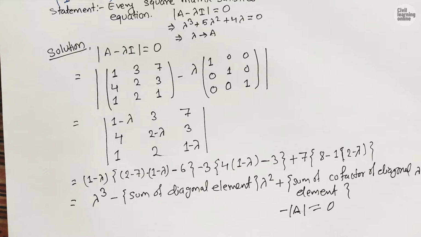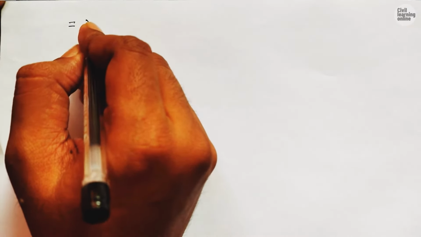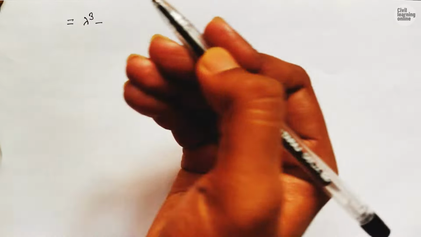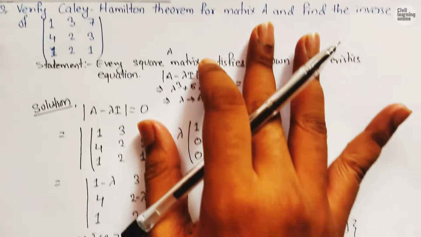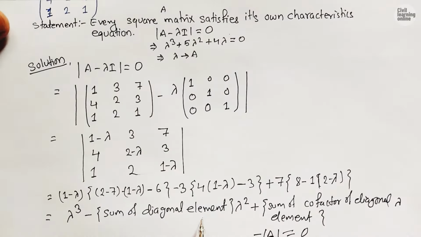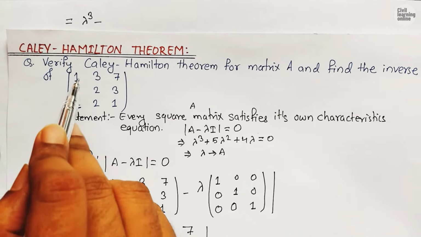Now I am going to teach you how to find the sum of the diagonal elements, the sum of the cofactors of the diagonal elements, and the determinant of A. So let's move further. We have the first term as lambda cubed minus the sum of diagonal elements. In the bracket we have the sum of diagonal elements, which are the elements lying along the diagonal.